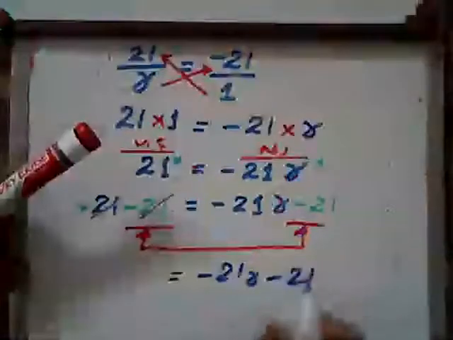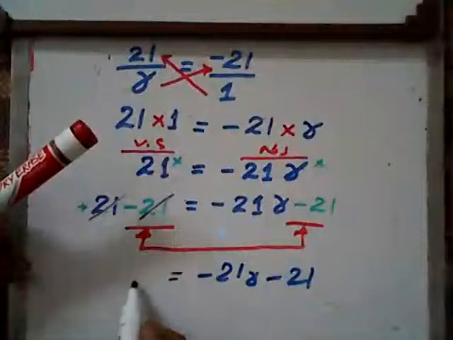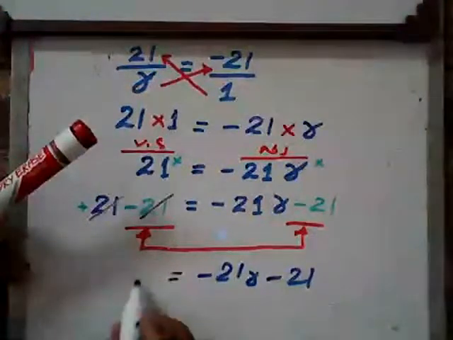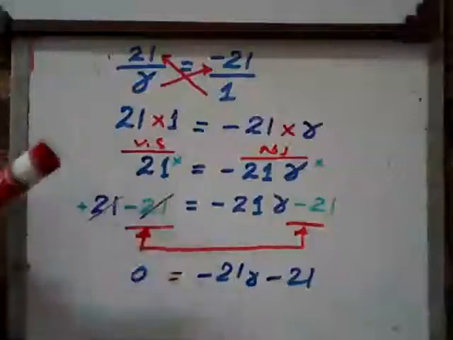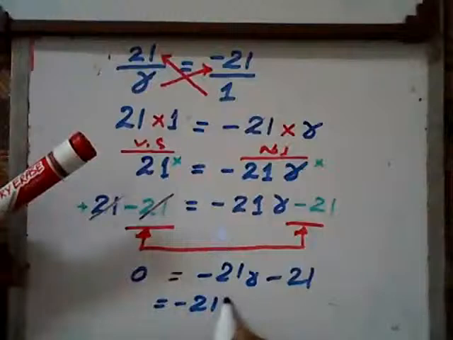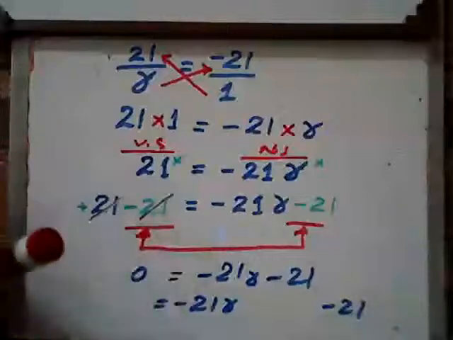Minus 21. Now this number we need to write here. If everything is cancelled, it means 0 is there. So now we'll be writing minus 21r, and after that we're writing minus 21.